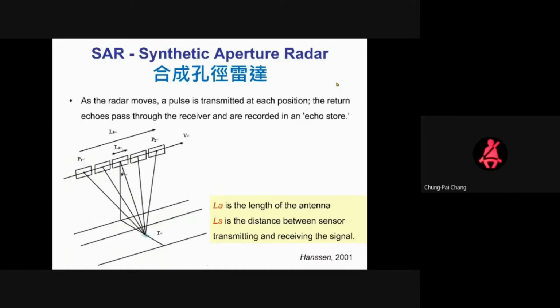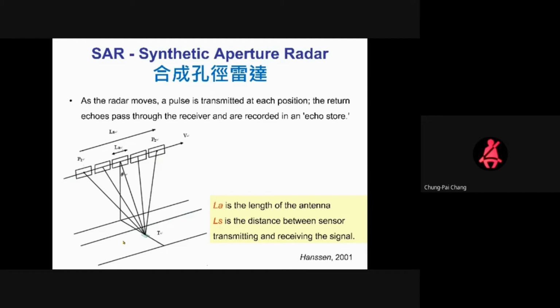So this technique we call synthetic aperture radar. The idea is that we combine many radar images acquired from different positions. For example, along the track direction, you can see the satellite move from here toward there, and then we acquire the image one by one for the same area.